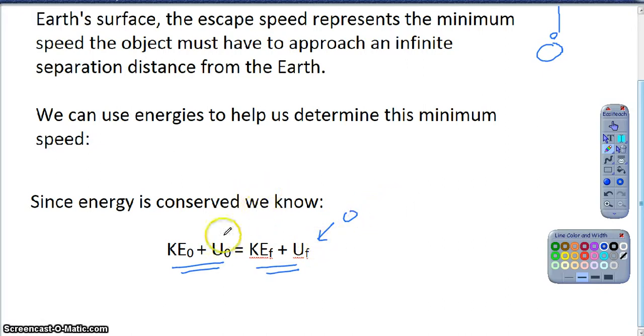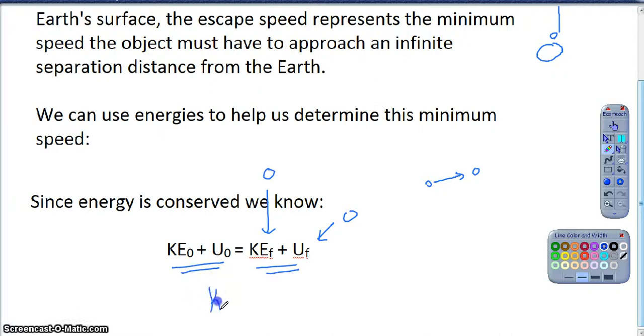If this is the minimum speed, we also know the final kinetic energy would be 0, because if we're finding the minimum amount of energy required to escape the Earth, then when it reaches infinity, it's not going to have any energy left. It's going to end up having used all of its energy, right? So its final total energy would be 0.